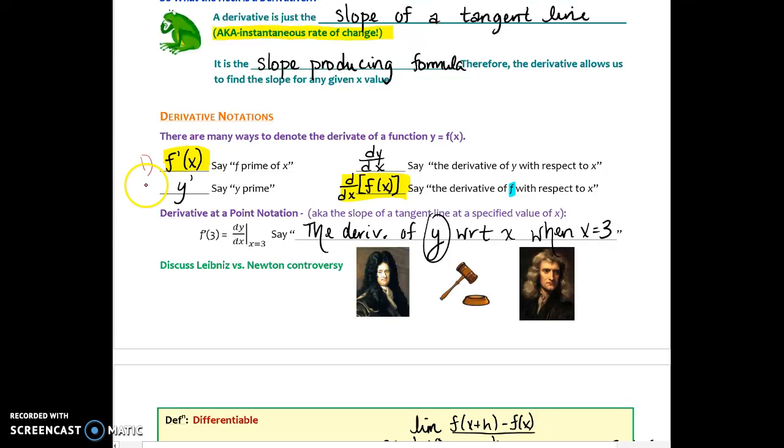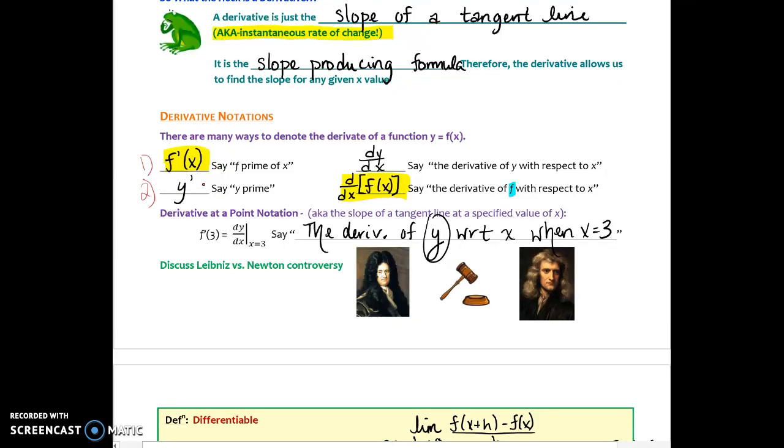The second notation, number 2, is y prime. You would use this notation if the function that they gave you was called y. There's literally nothing different between number 1 and number 2. These are just two different notations that you can use for derivatives. If they give you the function and call it f of x, then you'll use the first notation, and if they call it y, then you'll simply use the second notation. There's really no difference between them.